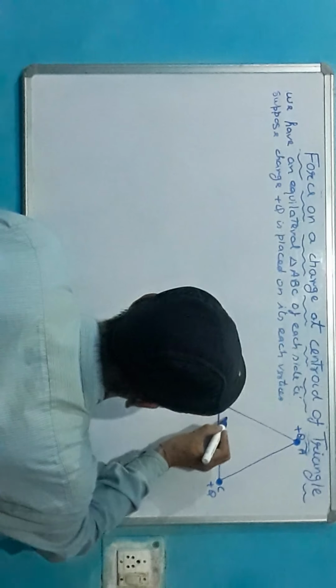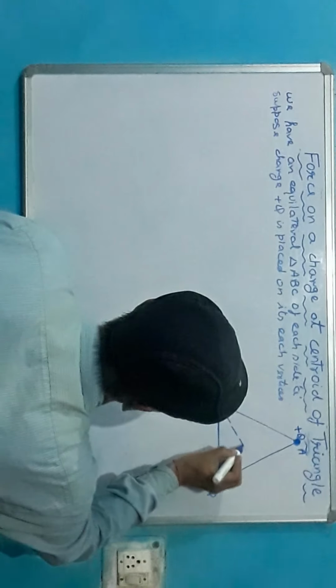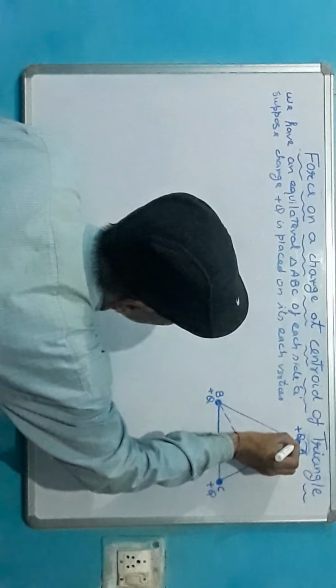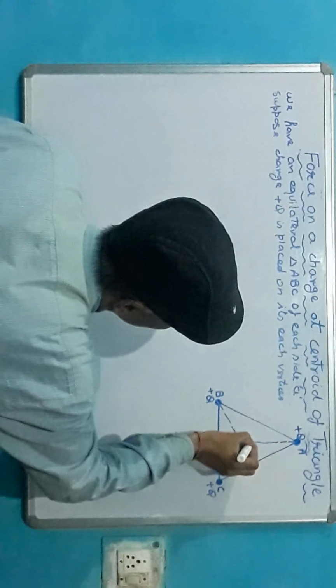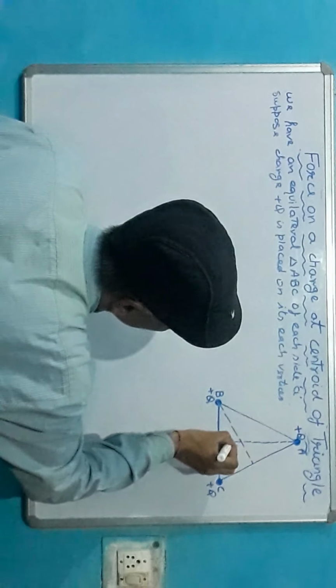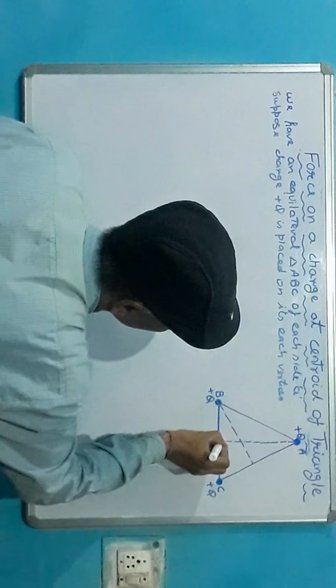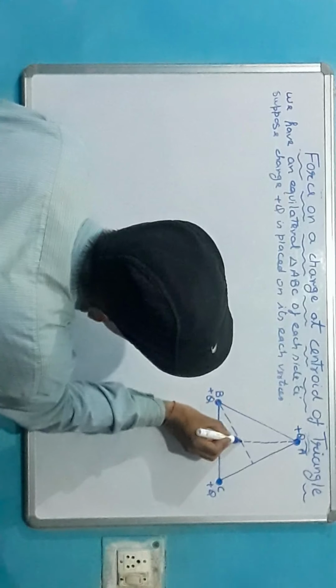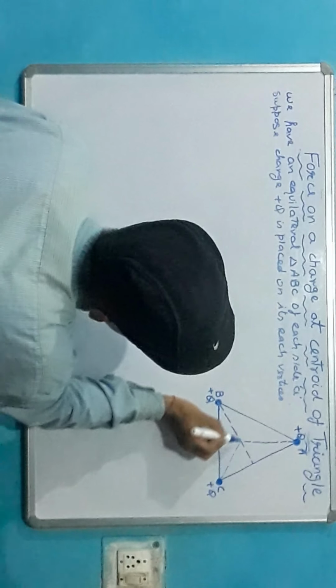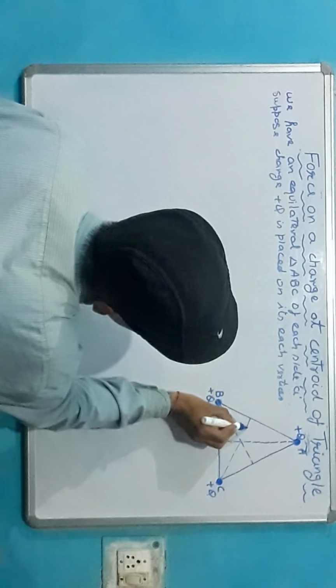We draw the normal from point B on the side AC. Similarly, I draw one normal from point A on side BC. In the same manner, I have drawn one normal from point C on side AB.